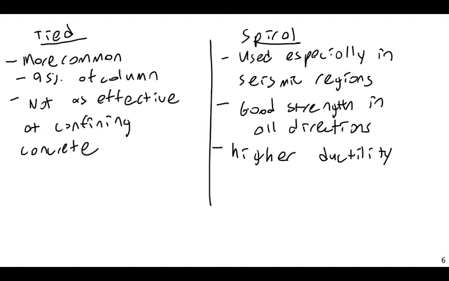Okay, next I'd like to show a little graph of load versus strain. Load versus axial shortening for tied versus spiral. Just a general graph here.